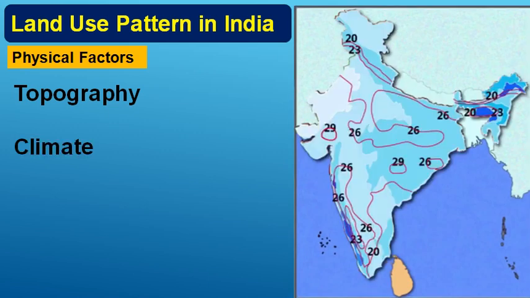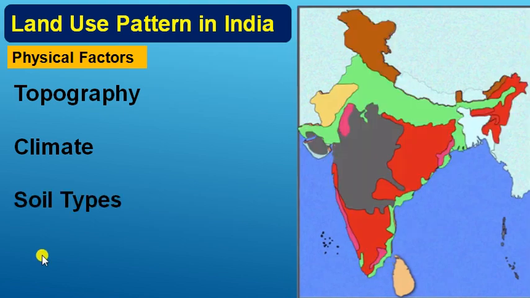Another factor that influences land use is climate. Different parts of the country get very heavy rainfall or very low rainfall, and there is variation in temperatures. Even that influences the utility of the land. Then there are soil types.